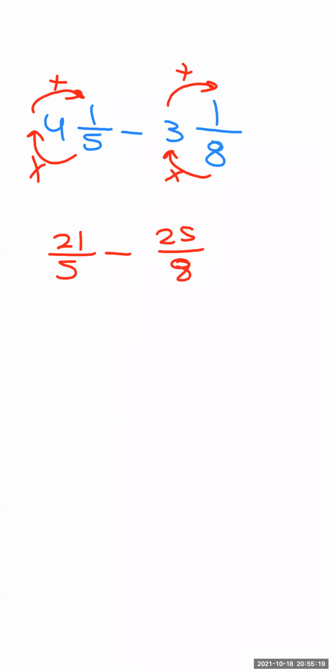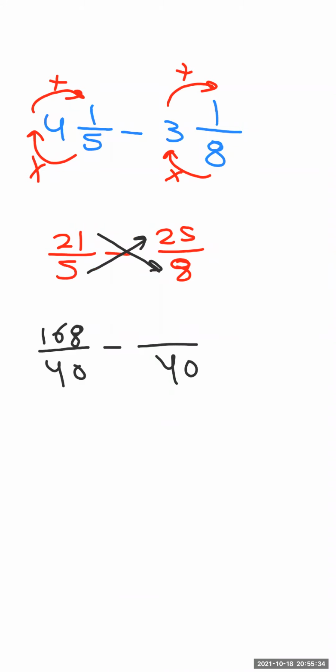Now the two denominators 5 and 8 unify to 40. 21 times 8 is 168, and 5 times 25 is 125.